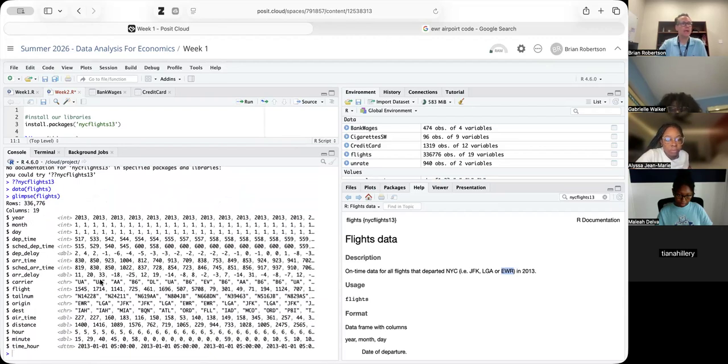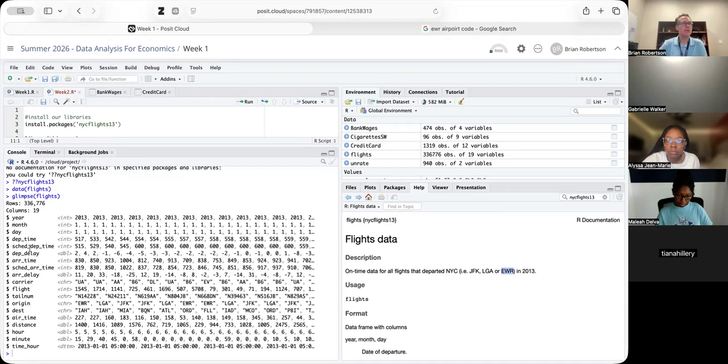So the data that we're working with, right away, is the year. So this should all be 2013. The month. What values do you think are going to be in the month? Right? 1 through 12. The day, roughly 1 through 31.